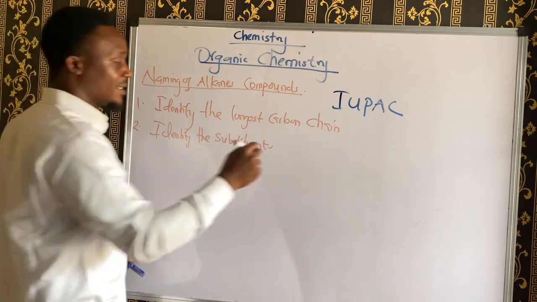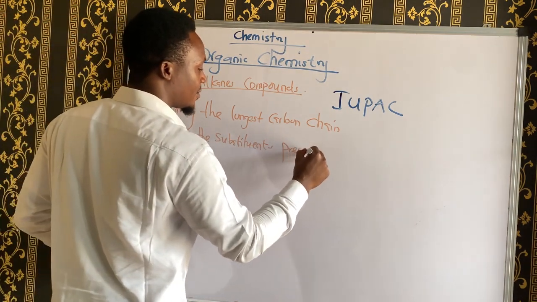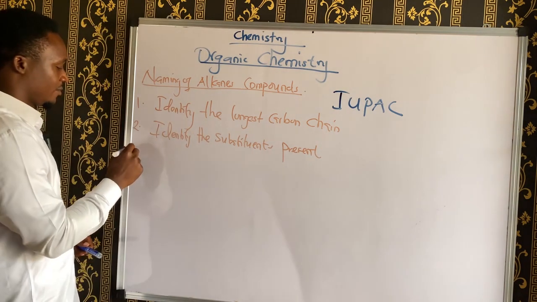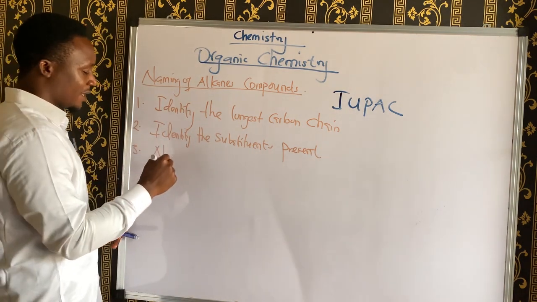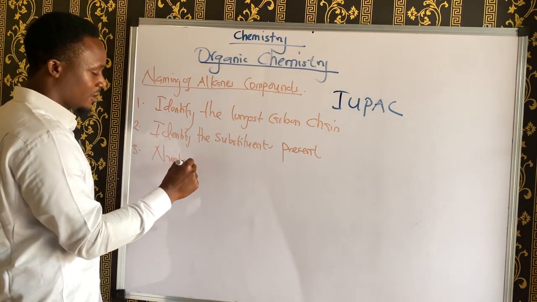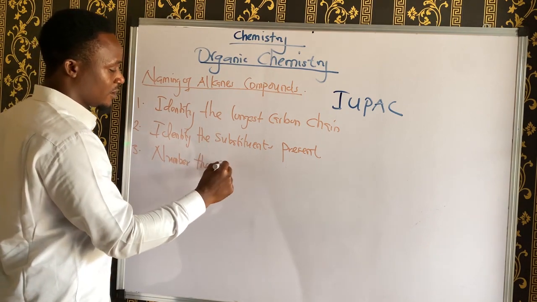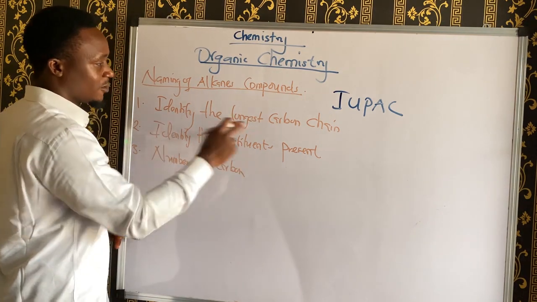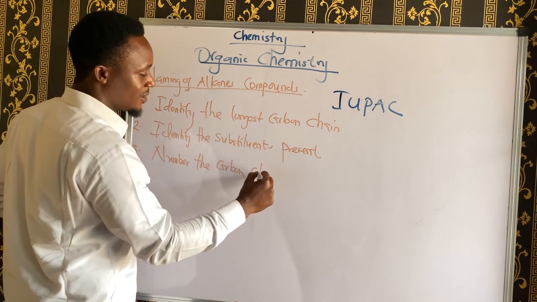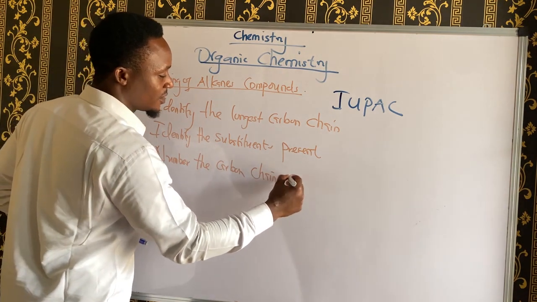Identify the substituent present. 3. You number the carbons. Number the carbon chain. That is the first rule now. You now number them. Carbon chains.